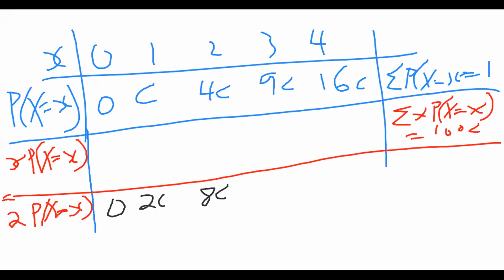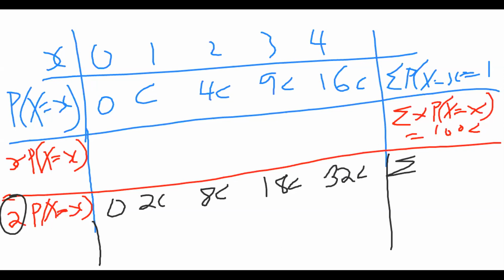Let me just complete it to bring my point home. So likewise, a constant 2 times 9c, I'll get 18c. And then 2 times 16c, I'll get 32c. So when you multiply all of those, summation of 2 times probability of x equals to x.